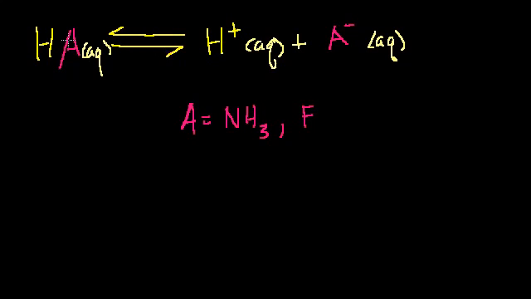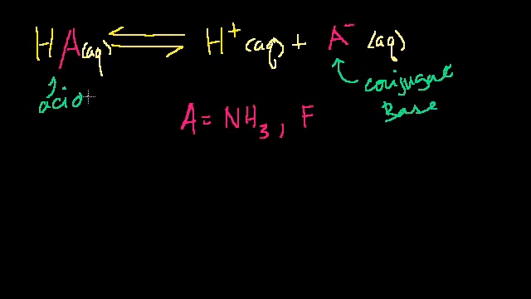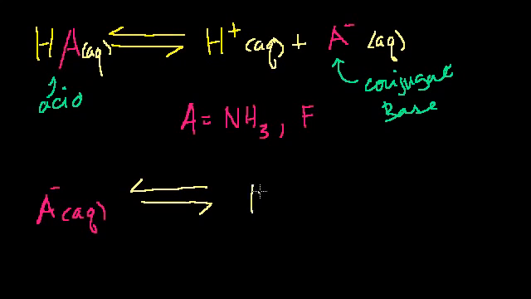So we learned in the last video that if this is the acid, then this is the conjugate base. And we could write the same reaction essentially as more of a basic reaction. If I start with A minus in an aqueous solution, that's in equilibrium with, this thing could grab a hydrogen from the surrounding water and become neutral.